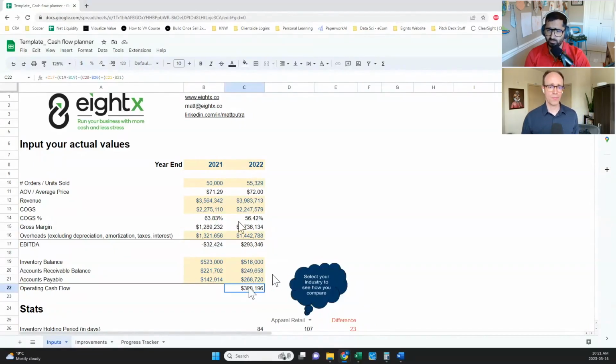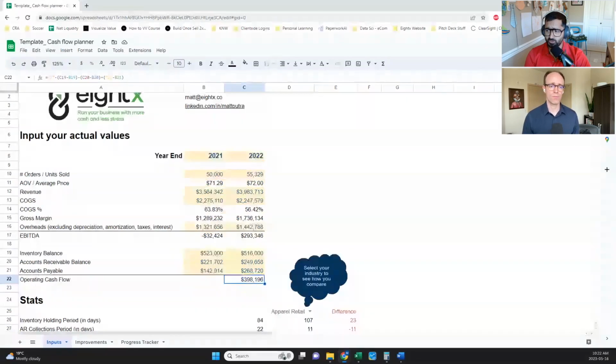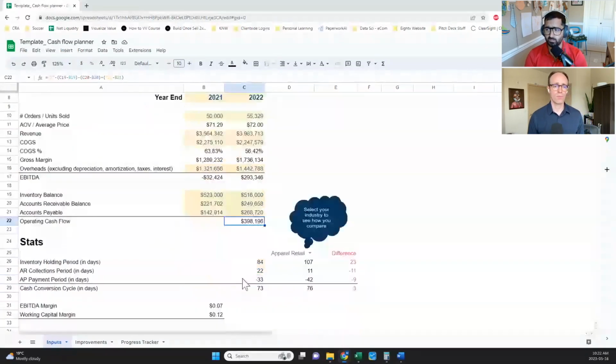Again, your bookkeeper can do this. There's nothing special with how you use it. Your bookkeeper will just drop in these numbers and then present them to you as the brand owner, or you could do it yourself. So drop in these numbers, and you'll see what your operating cash flow is. Now, as we scroll down, what I wanted to show people next is what your cash conversion cycle is.